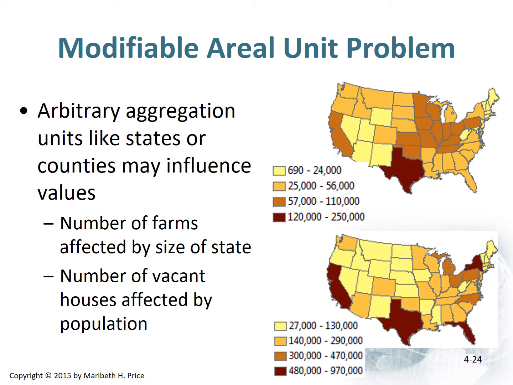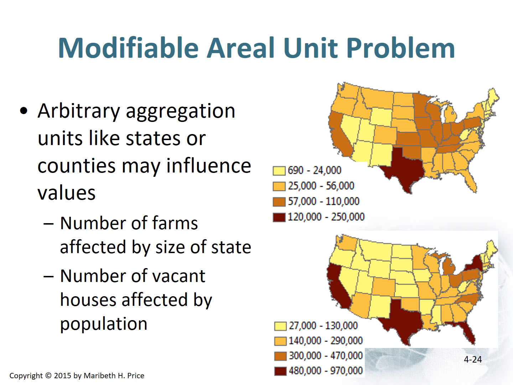For example, let's look at Texas. Regardless of what we're looking at in Texas, Texas is a very big place. There's a whole lot of Texas. So what do we do? Well, if we divided that down and looked at whatever we're looking at by counties in Texas, all of Texas may not deserve to be colored in that dark brown.